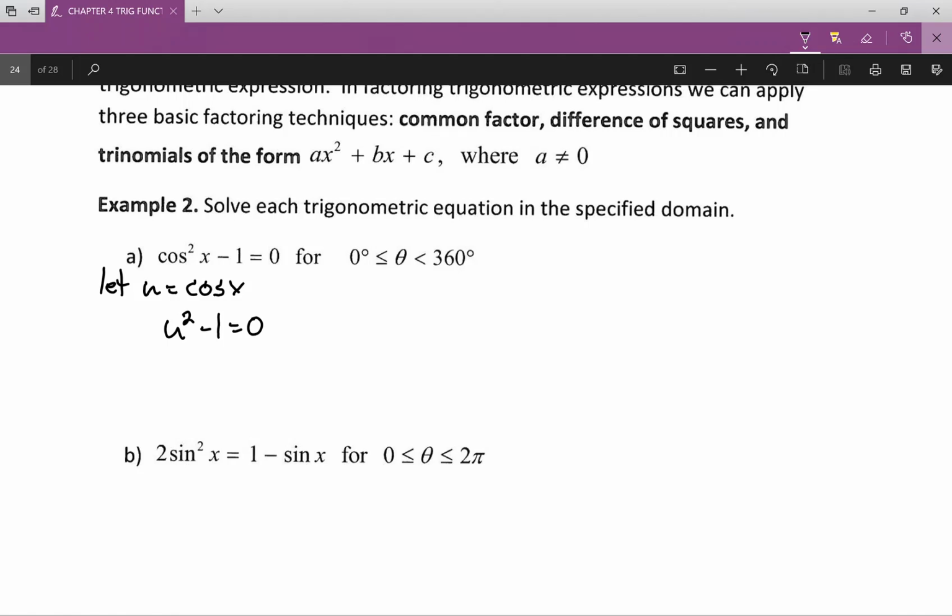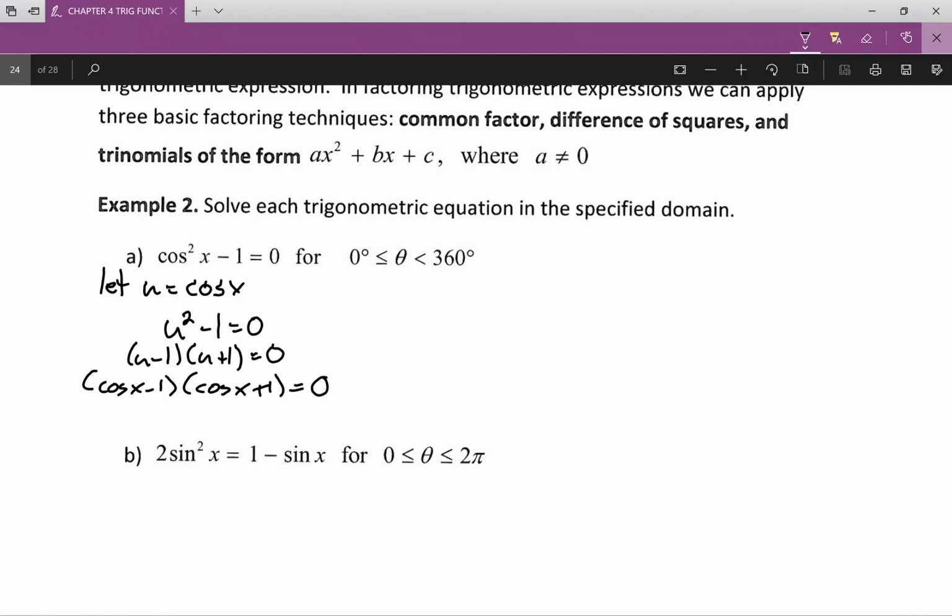Now u squared minus 1 equals 0 would factor to u minus 1, u plus 1 equals 0. And then from here, I could resubstitute in the u, and that means that cos x minus 1 and cos x plus 1 would have to equal 0.